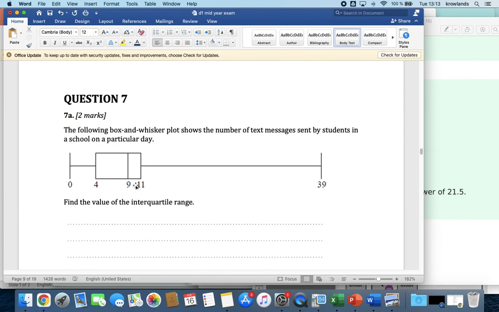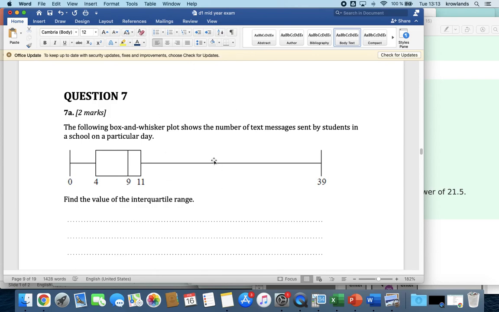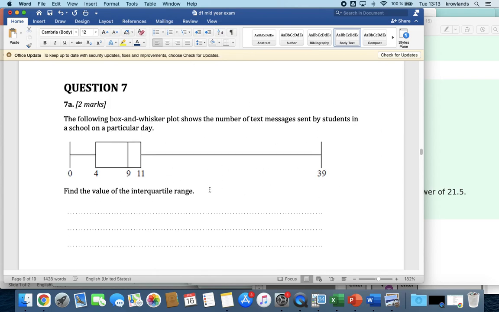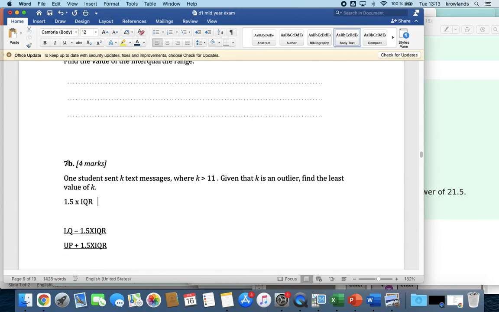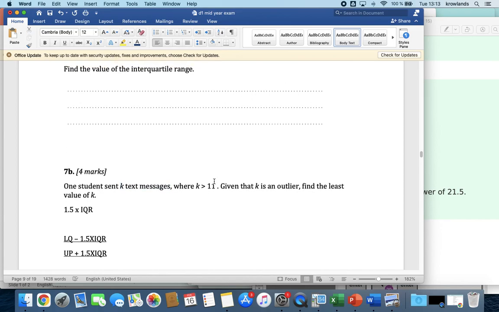Now clearly by just looking at it you can tell there are going to be outliers, but at what point do they become outliers? And that's what we need to decide. It says students sent K text messages where K is greater than 11.